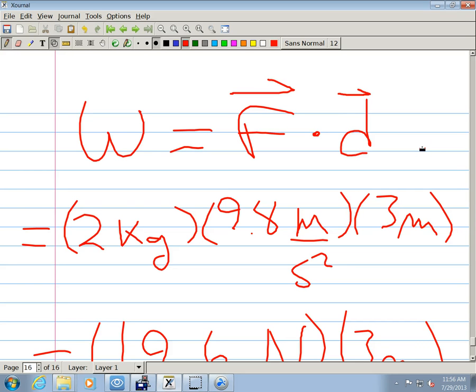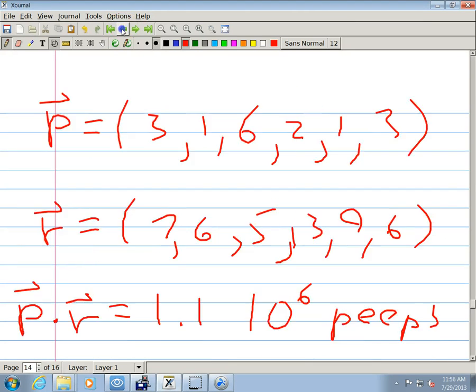Now, as it turns out, the dot product, component-wise, is multiply the x's times the x's plus the y's times the y's plus the z's times the z's, right? Just like we did the dot product a minute ago, 3 times 7 plus 1 times 6 plus, right? That's the dot product, yeah? The z direction, the k, yeah.